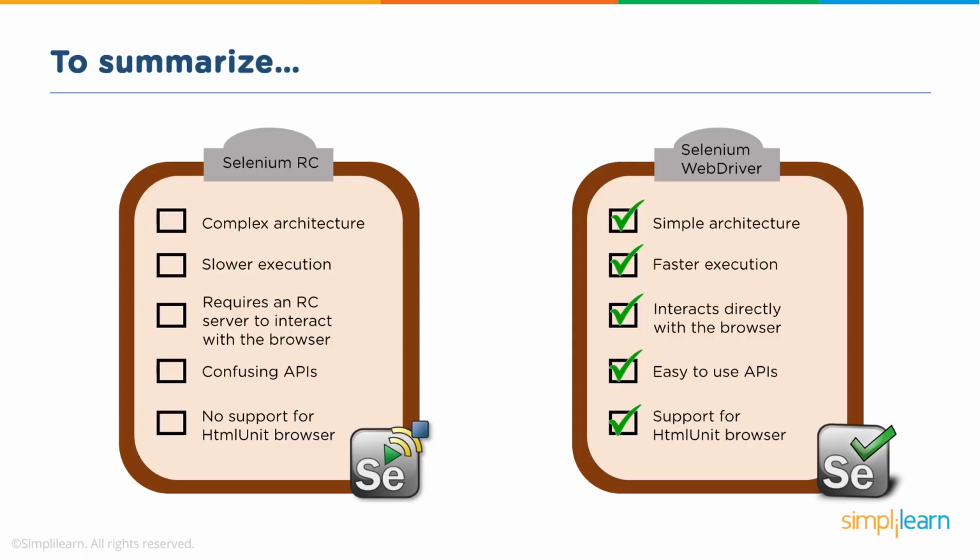RC requires an RC server to interact with the browser, whereas Selenium WebDriver interacts with the browser directly using the WebDrivers. Also, we saw the APIs which RC provides are pretty confusing, and in WebDriver we have much easier and easy to use APIs. RC has no support for the HTMLUnit browser, which is a headless browser. Selenium WebDriver also provides support for the HTMLUnit browser.